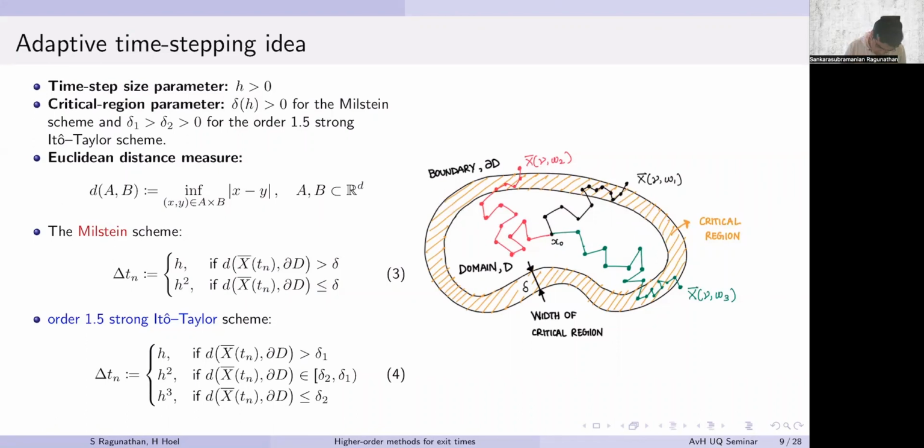For the Milstein scheme, this is how we determine the time step size adaptively. If you are outside the critical region, we use the time step size h. And if you are inside the critical region here, we use the time step size h squared. Similarly, for the order 1.5 scheme, you consider two critical regions which are nested, and based on which critical region it's inside, you use finer and finer time step sizes. So that's the idea.